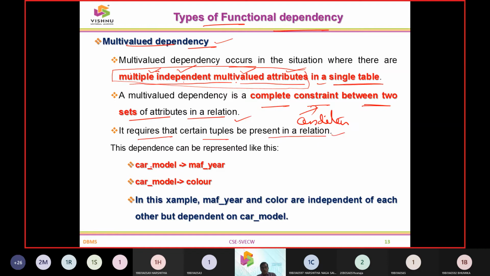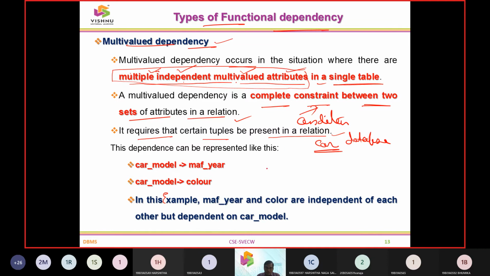Okay. Now let us take this example to understand what multiple independent multi-valued attributes are. Assume there was a database called car, and then there are some dependencies.